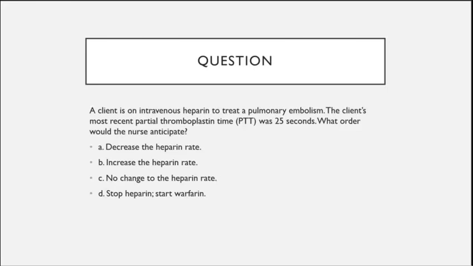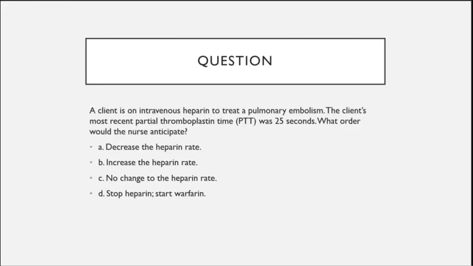A client is on IV heparin to treat pulmonary embolism. The client's most recent partial thromboplastin time was 25 seconds. What order would the nurse anticipate? So, what's a normal PTT? A therapeutic PTT is 1.5 to 2.5 times the normal value. What's a normal value?